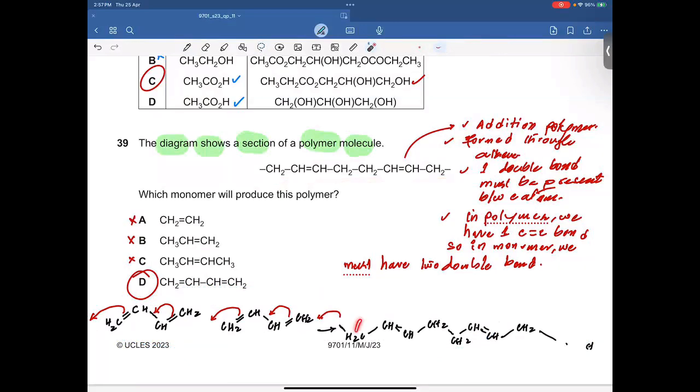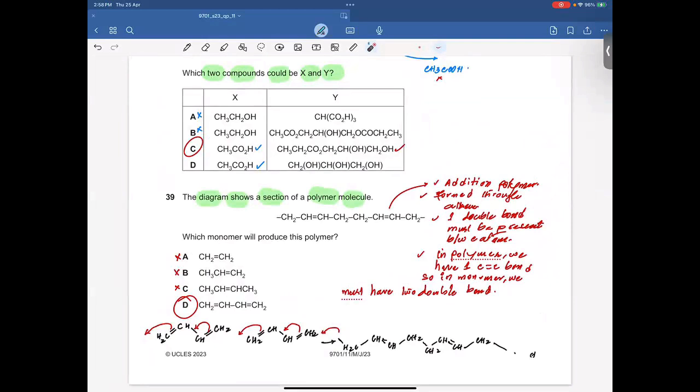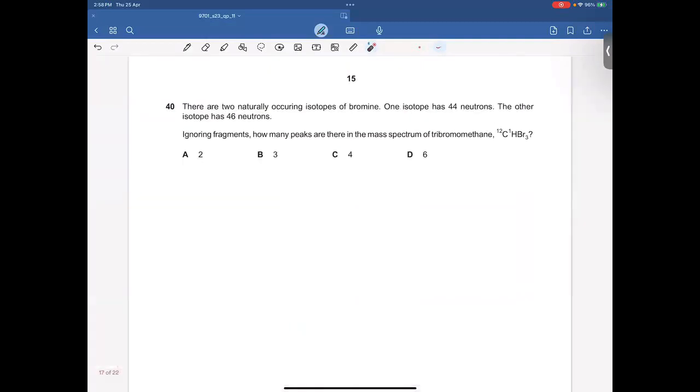This is CH2 here, CH double bond CH here, CH2 here, CH2 here, CH double bond CH here, CH2 here. This is bond continuation here. This is bond continuation here. Okay, I hope it makes sense to you. Again, this question is a bit tricky. Let's move on to the last question.